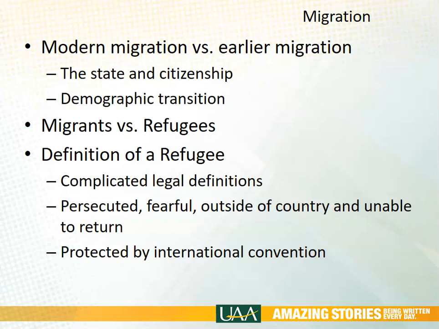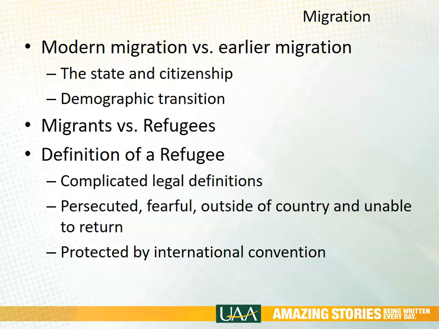Many parts of the developing world face huge intervening obstacles to migration that were not faced by Europeans in the past. It's also important in talking about migration to make a distinction between migrants and refugees. Refugees are a very distinct group in human migration.